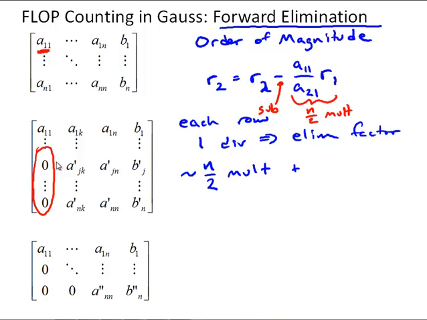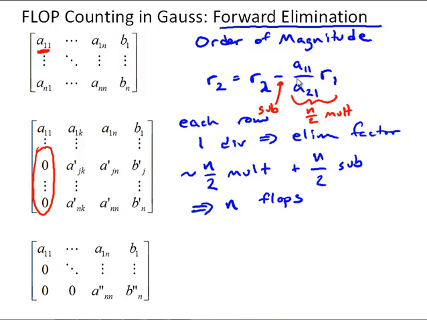Since the number of columns decreases from n at the first pivot down to 1 at the last pivot, we'll just say that it's n over 2. So we have n over 2 multiplications and n over 2 subtractions. Overall, we're going to say that we have n operations. This one division is kind of insignificant, so we'll say we have a total of n flops for each row reduction.